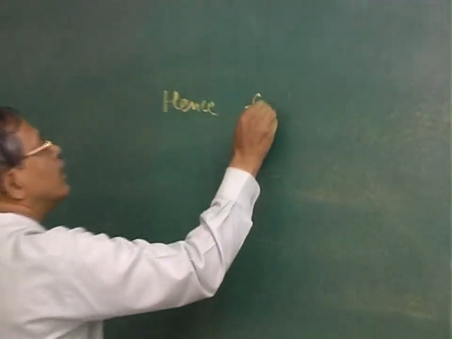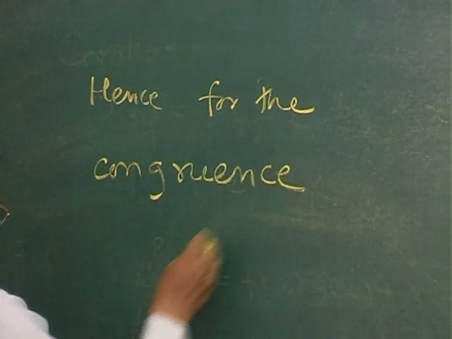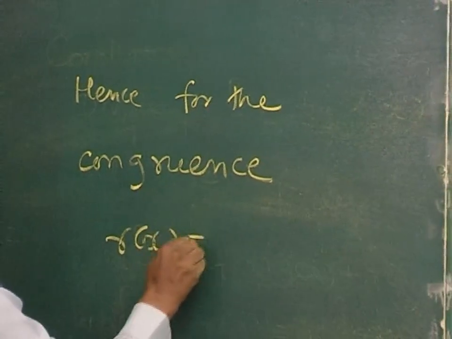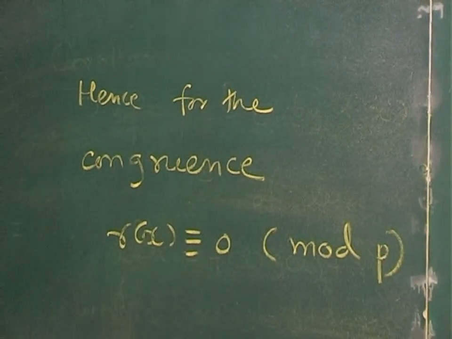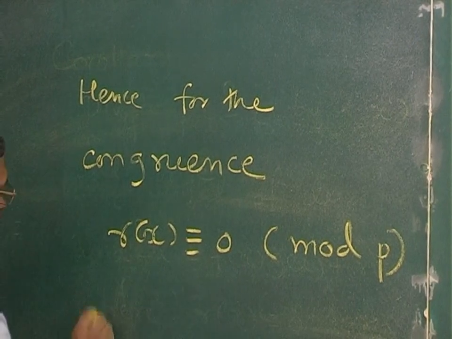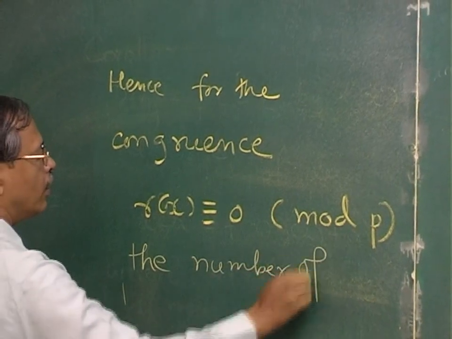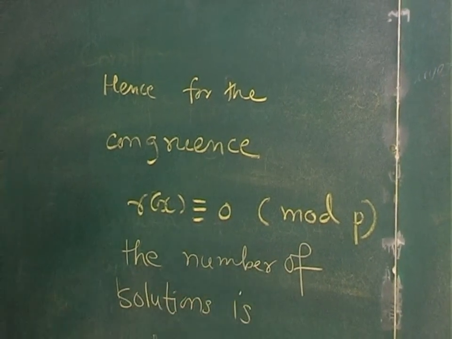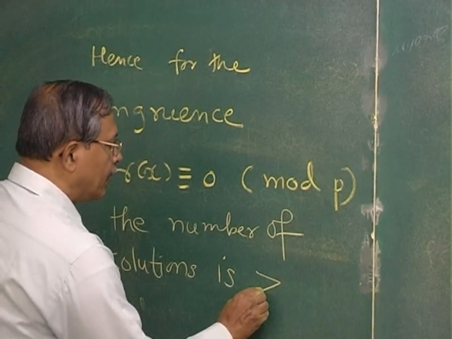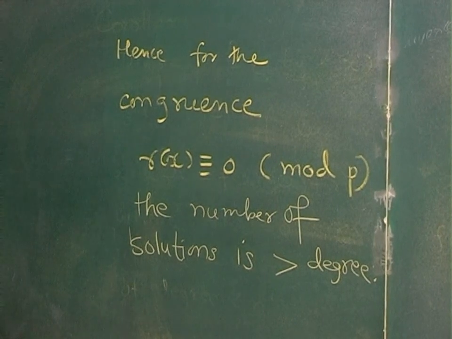Hence, for the congruence r(x) congruent to 0 mod P, the number of solutions is bigger than the degree of the congruence. This is a contradiction.